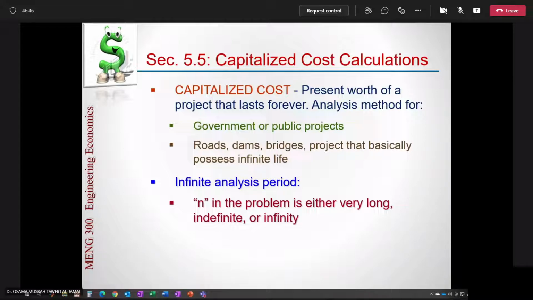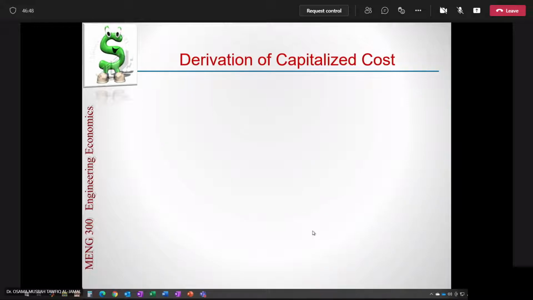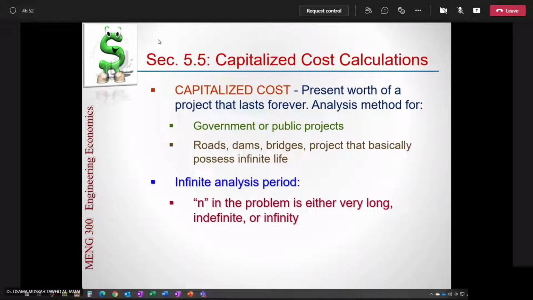How many years? We cannot tell. Let's see the derivation. Most calculations of capitalized cost will be based on annuity only, shown per year over these very long periods.